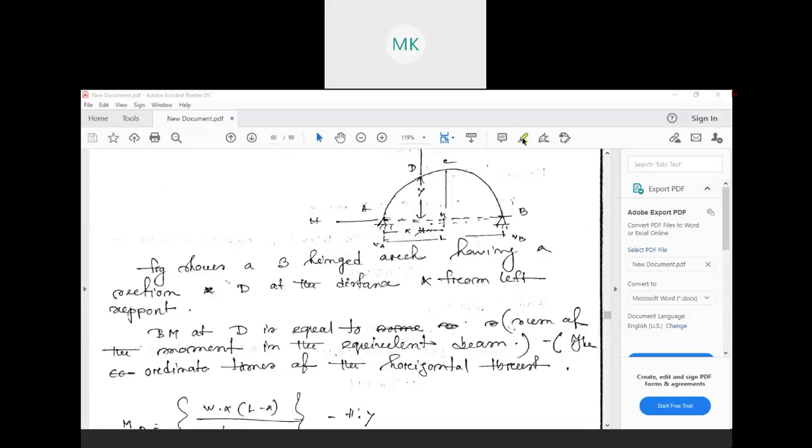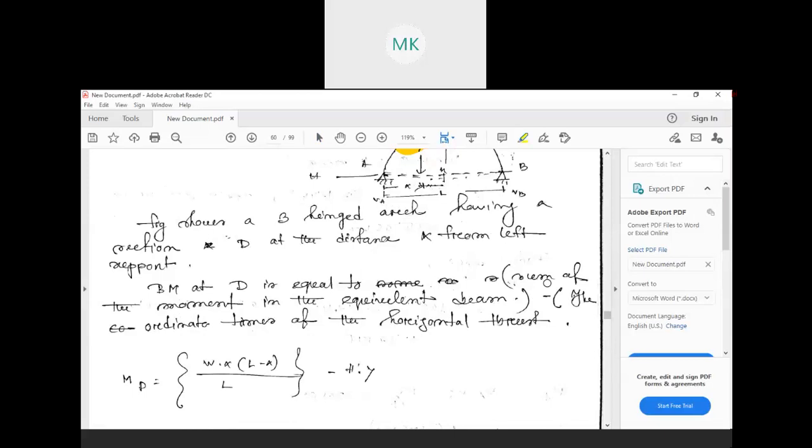This is the point. So if you need to find the bending moment at this point D, how do we find it? The bending moment is equal to the sum of the moments in the equivalent beam minus the ordinate times the horizontal thrust.